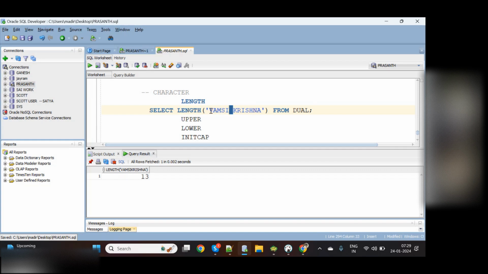That means length will completely calculate your string, whether the space is in between or outside. If you add an external space, that also is calculated. Now it is 14. You see?